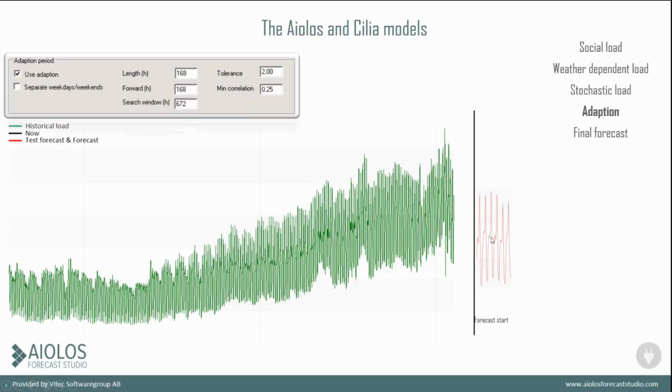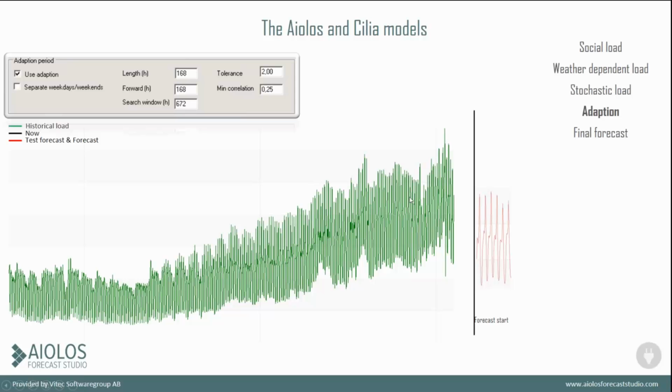But by doing a test forecast, you have a search window, and then you have the length here. So the length here tells you how long the test forecast should be. So it could be from here to here, for example, or it could be very narrow from here to here.